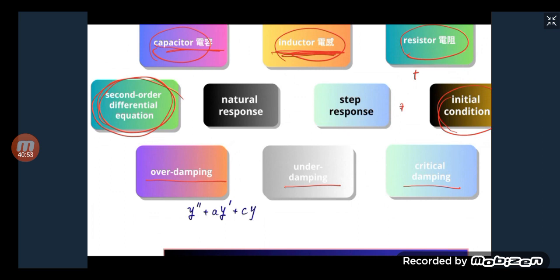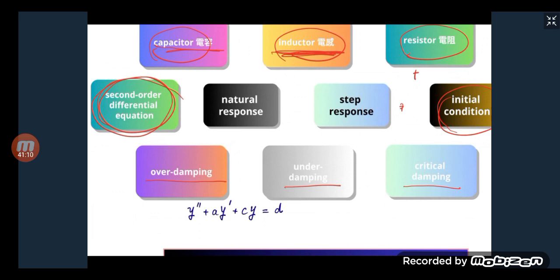I think you remember, even this is second order differential equation, right? It's a constant coefficient second order differential equation.